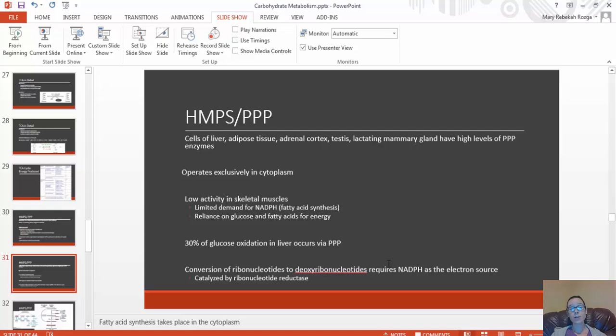So actually 30% of our glucose oxidation in the liver occurs via the pentose phosphate pathway. And finally, the conversion of ribonucleotides to deoxyribonucleotides, so the nucleotides from RNA to DNA, also requires this NADPH.